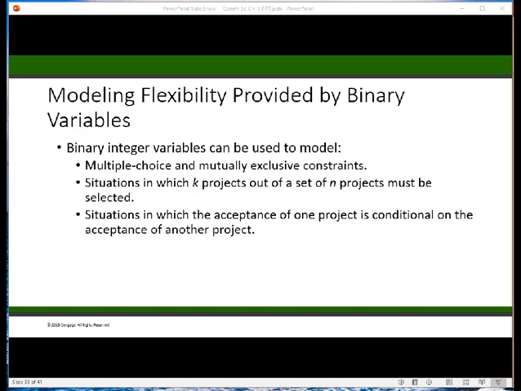Also in situations where we want to choose k projects out of n projects that are possible for us to invest in, or situations in which the acceptance of one project is conditional on the acceptance of another project. So let's see how we can do that by adding constraints into our solver model.